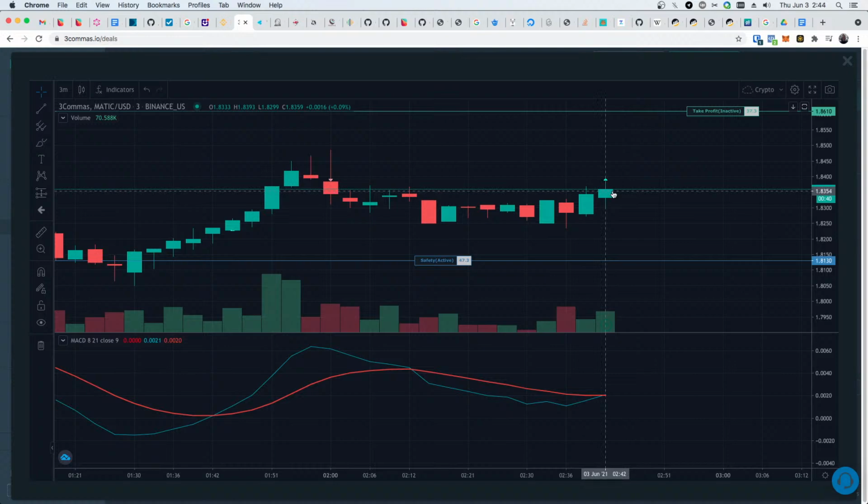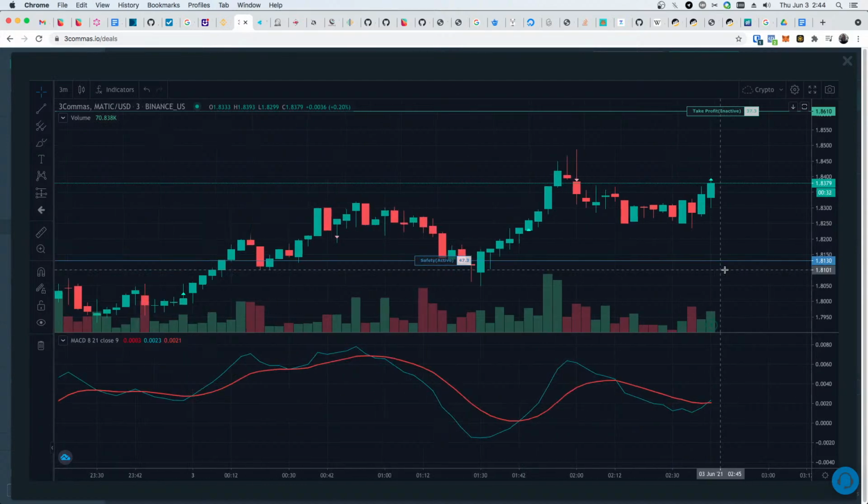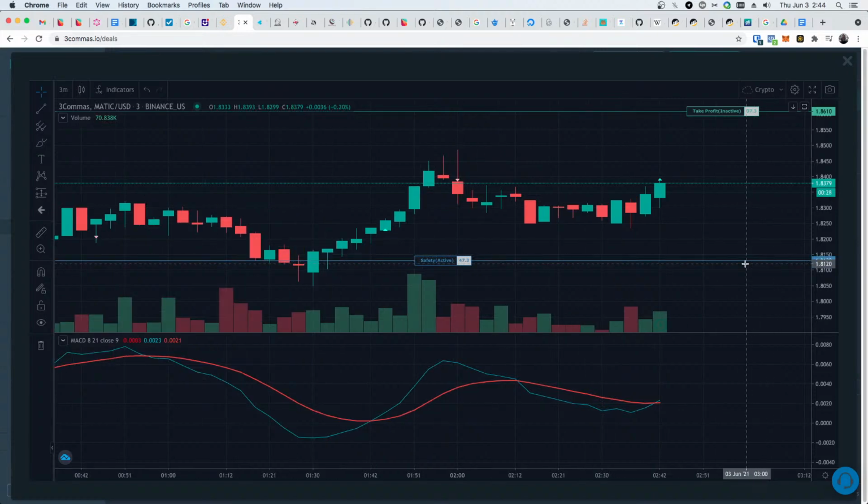Now, only if we get the market to come back to this basically swing area, which works out, even though I didn't plan it that way, I went with percentages. But I know how Matic moves and generally how a lot of these bull run coins move, and how a lot of the bots that used to be institutional traders, now turned institutional crypto traders, work.